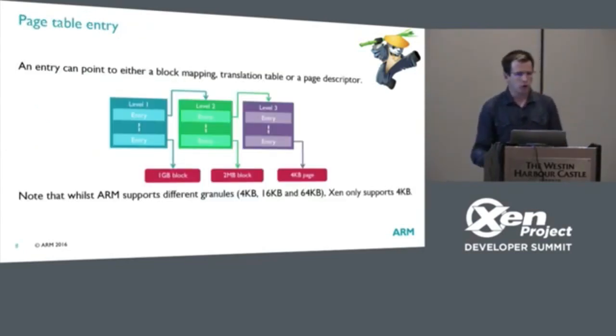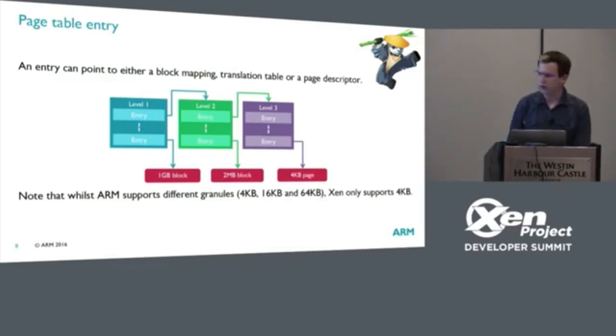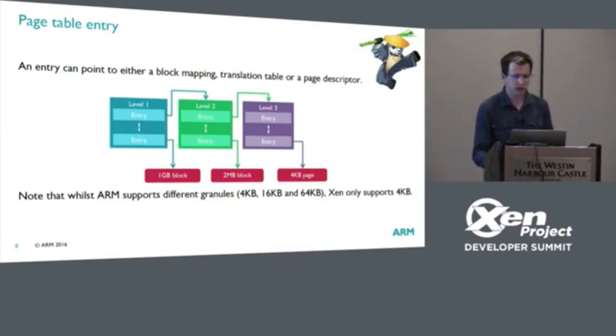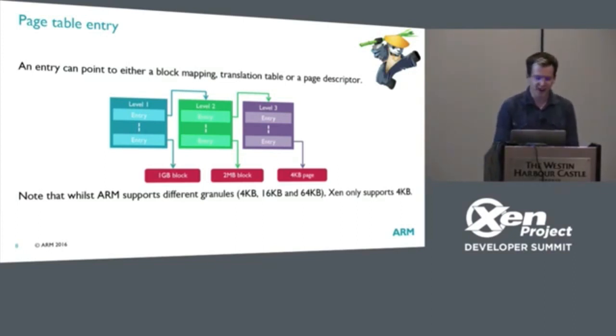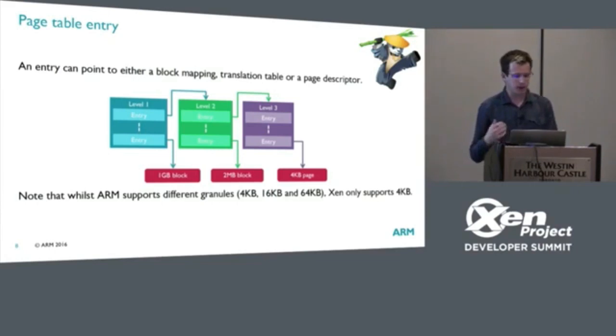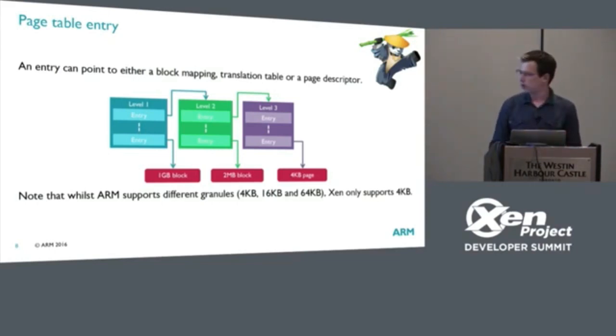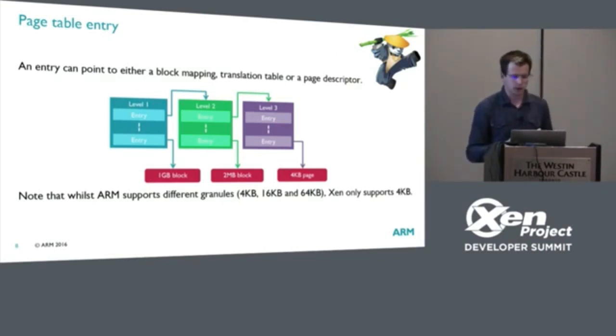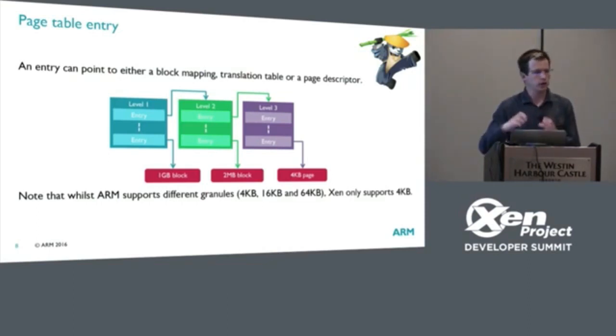Before going through all the page table updates, I will define a bit about page table entries. I guess many people here know about it, but I will go quickly. The page tables on ARM have between 3 and 4 levels. At each level, you are allowed to do super page mapping, so it's a block mapping rather than having level 2 and level 3 mappings.